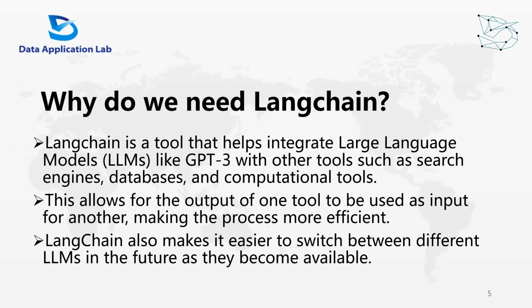And we have many other computational tools to carry out our tasks. Using Langchain, we can create sequential steps, so one tool's output can be the input to the other tool and so on. Langchain does not use only a single large language model; we can switch it in the future if we want to change our language model.